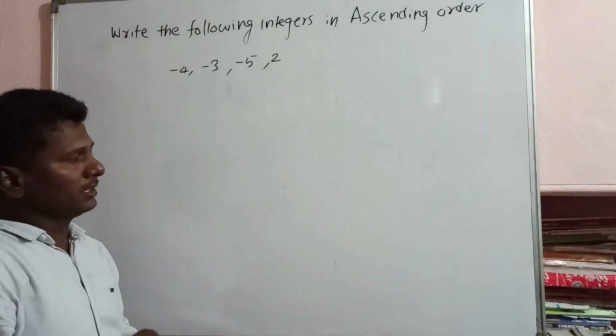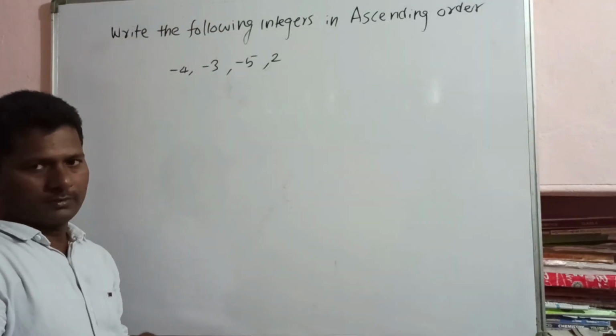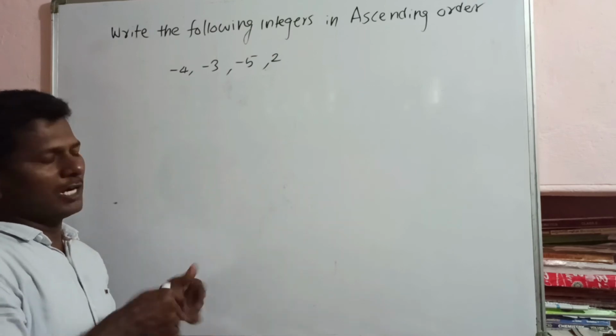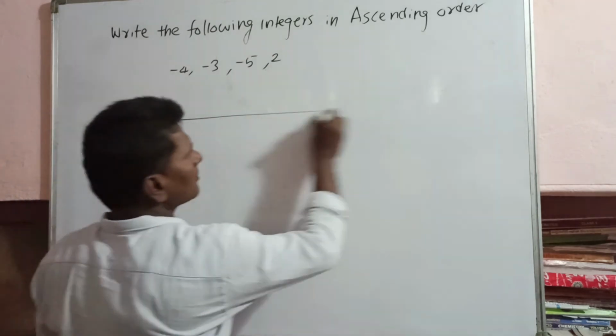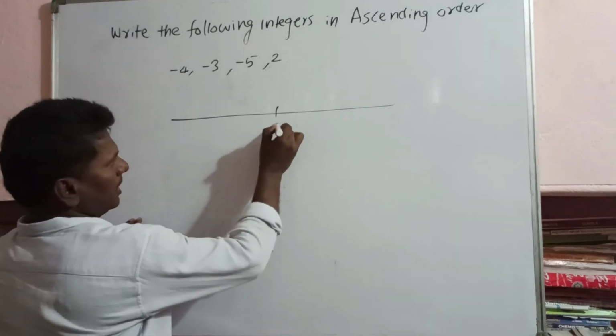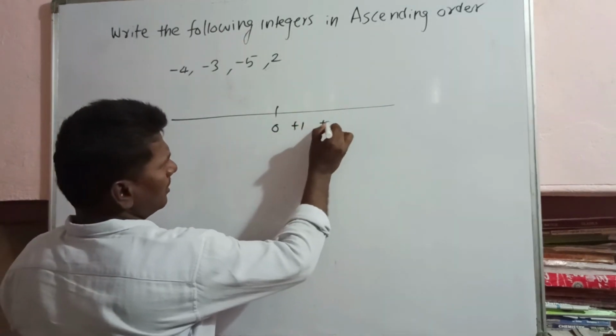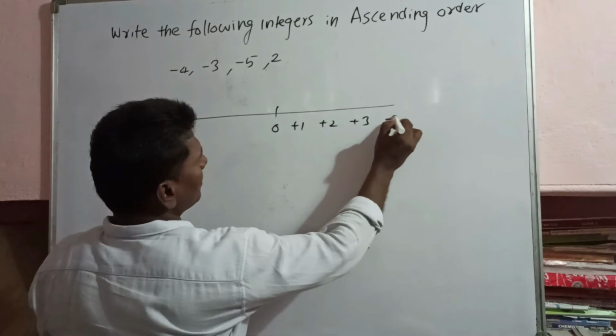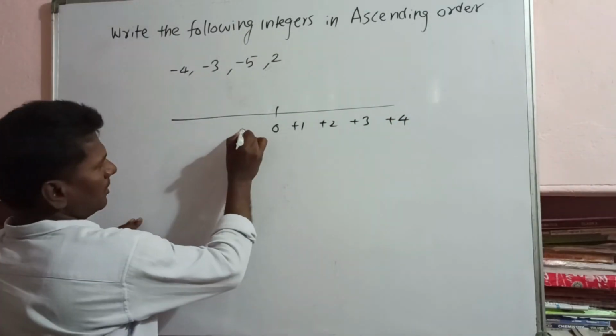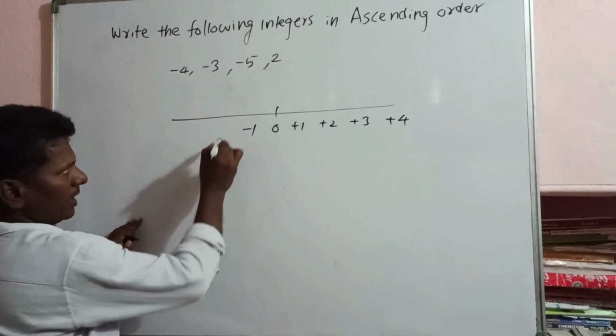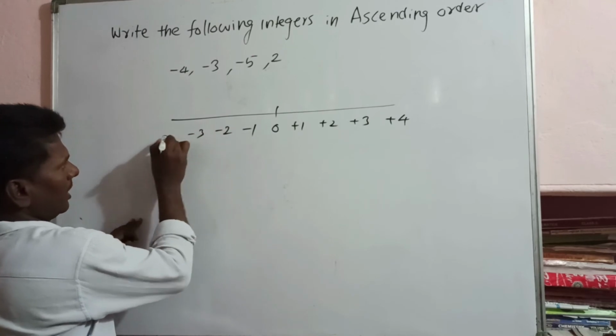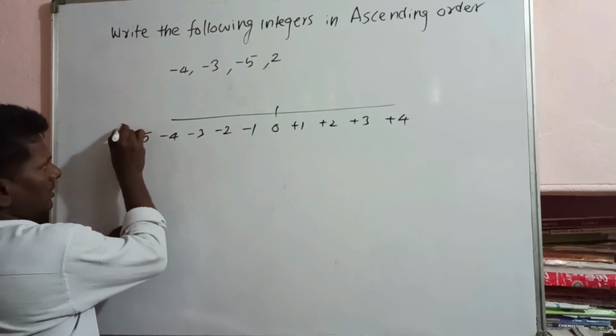Write the following integers in ascending order. Ascending order means small to big. Here is 0, plus 1, plus 2, plus 3, plus 4. This side we have minus 1, minus 2, minus 3, minus 4, minus 5.